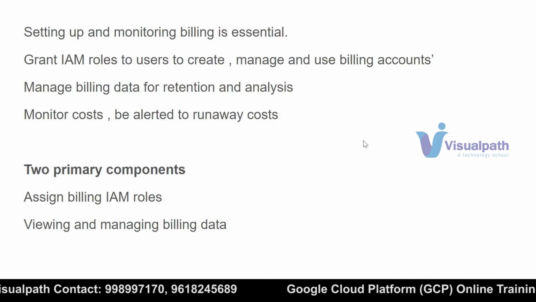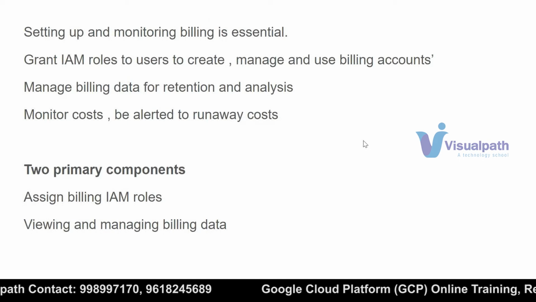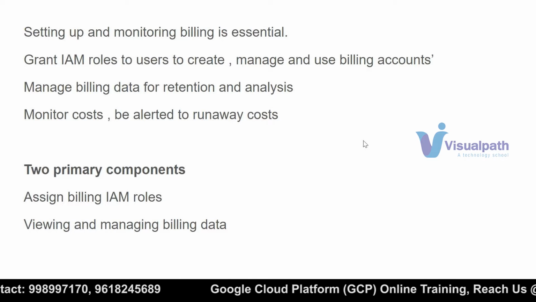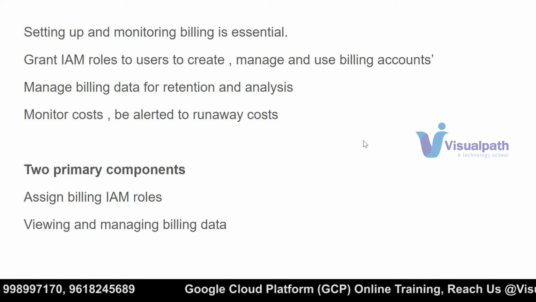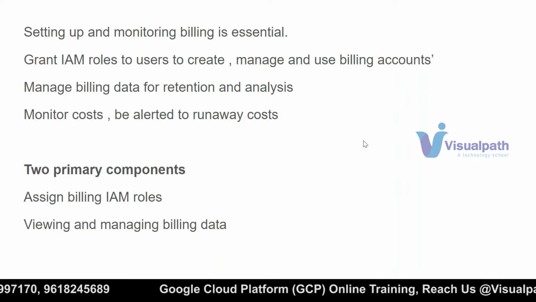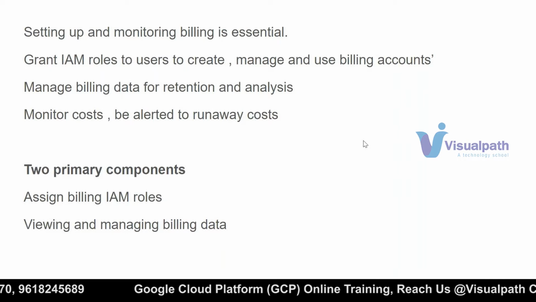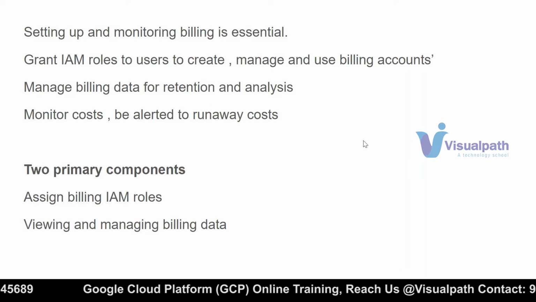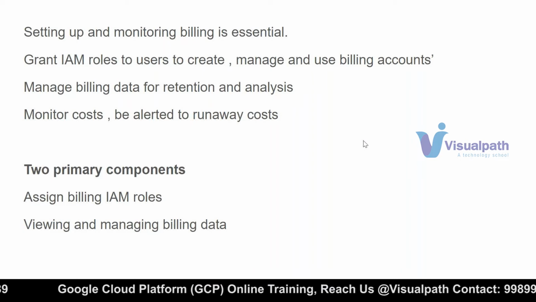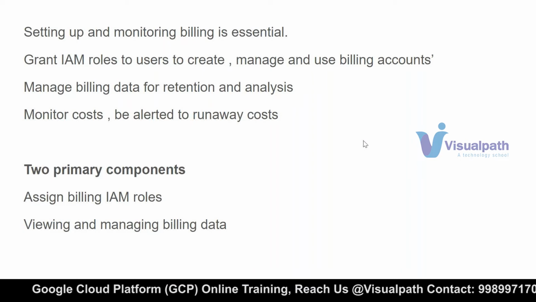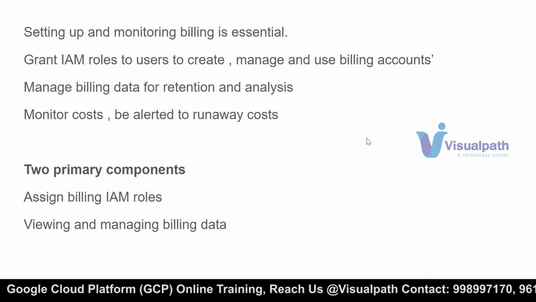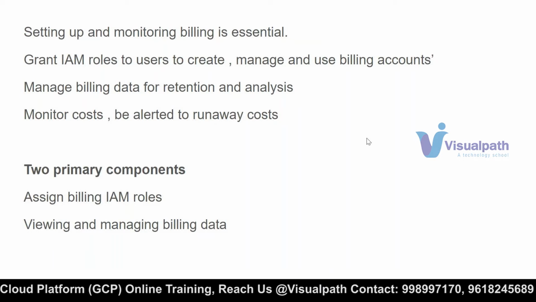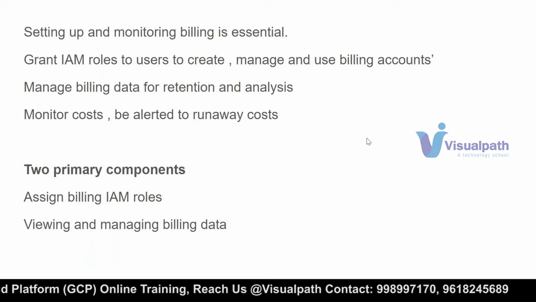Why we need billing monitoring: let's say you have a quota for 75 machines and you have created 50 machines. It's better to create an alert to the organization administrator so they get to know that 50 resources are already created and only 25 are left.